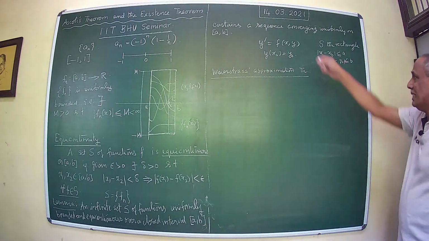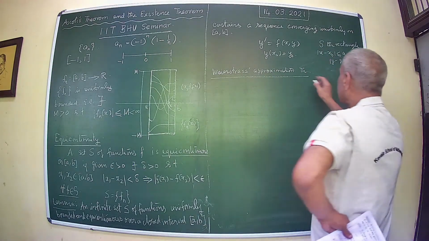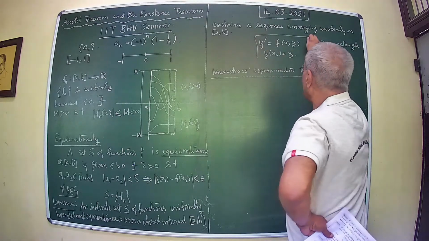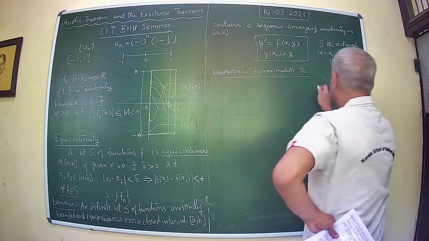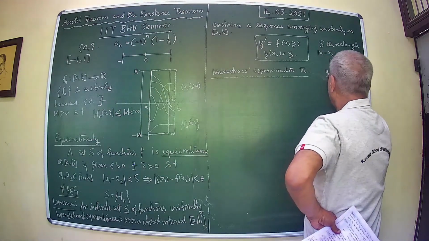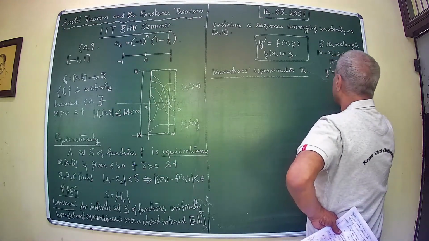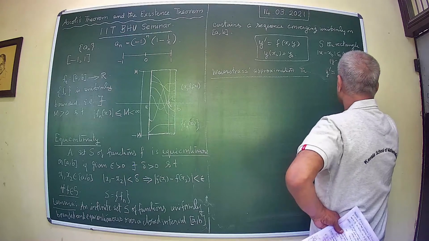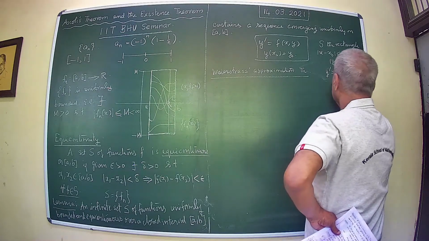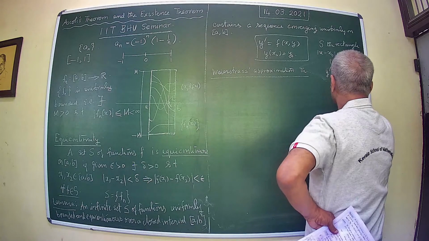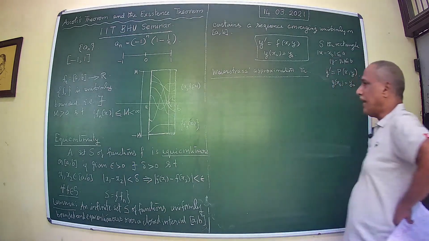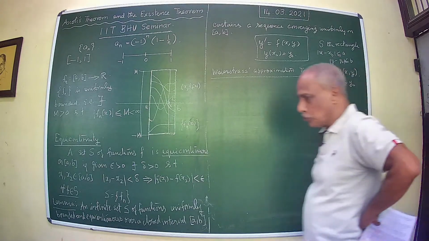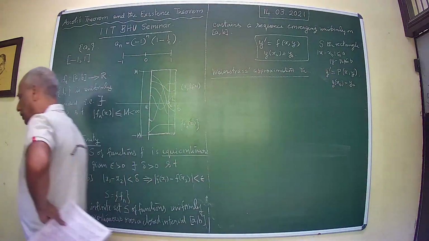The strategy is, instead of considering the initial value problem here, we consider the following problem: y' = p(x, y), where p is a polynomial in the two variables x and y.